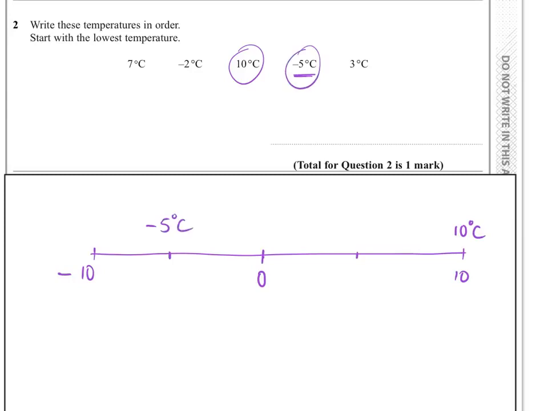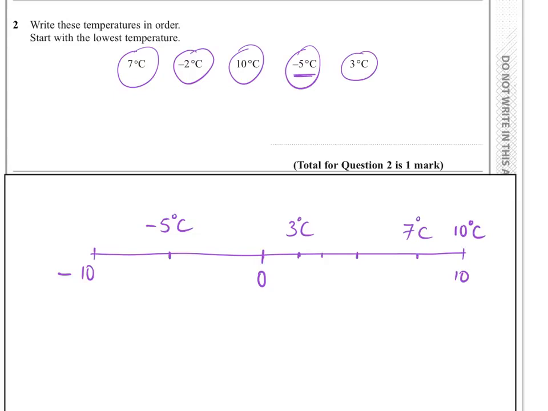Now, if you think about it, here's 3 degrees. Now, if this is 5, then by estimation, that's about 4, 3, and so on. So there's 3 degrees there. And then 7 degrees, well, that'll be closer to 10, so that's around here somewhere. And that just leaves -2.